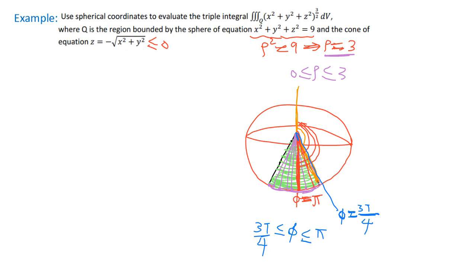Now, what's theta? Theta represents the intersection circle. So it has full rotation from 0 to 2 pi.